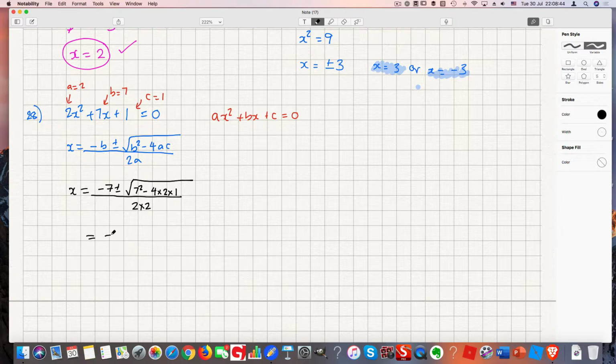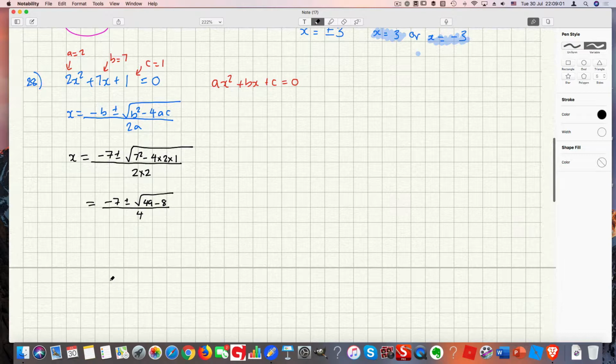So it's minus 7 plus or minus square root of 49 minus 8. So it's 49, take away 8, which is 41, divided by 4, because 2 times 2 is 4.